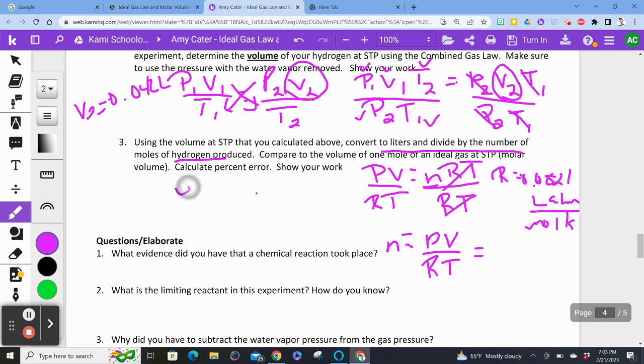And that's what we would divide our volume by. So again, let's say our volume was 0.042 liters.